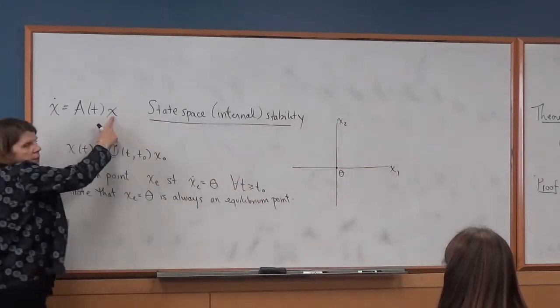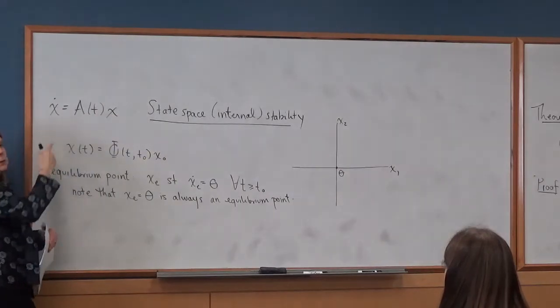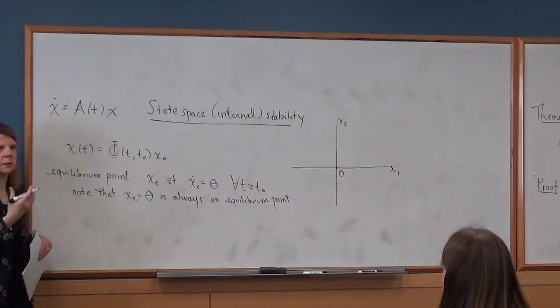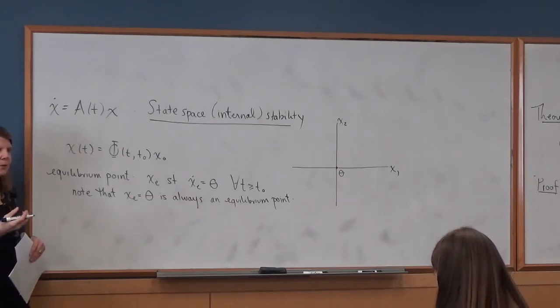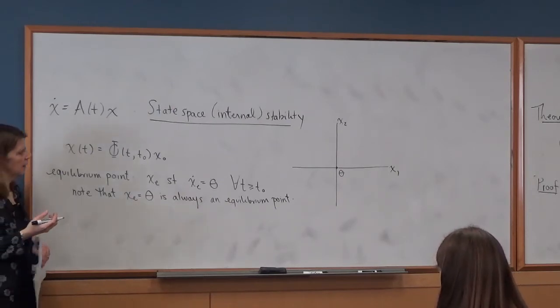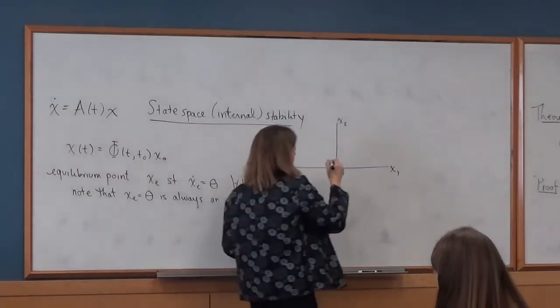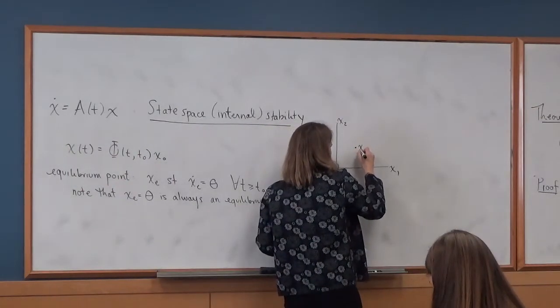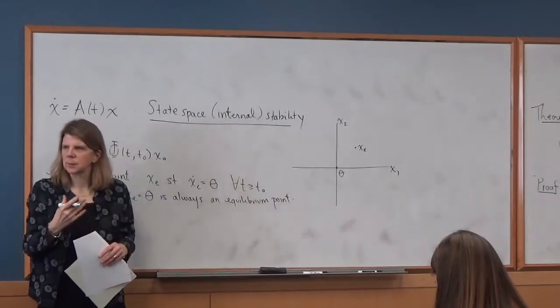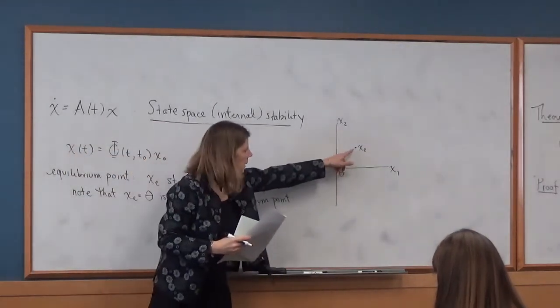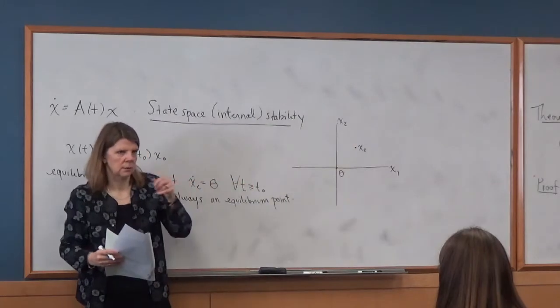That's because if you plug in 0 on the right-hand side, x dot is always 0. So it's a point of rest. If you get to 0, you're not going to move from 0. But now say I have another equilibrium point here, x_e, which is not 0. My question was, what is the geometric relationship between that equilibrium point and 0?